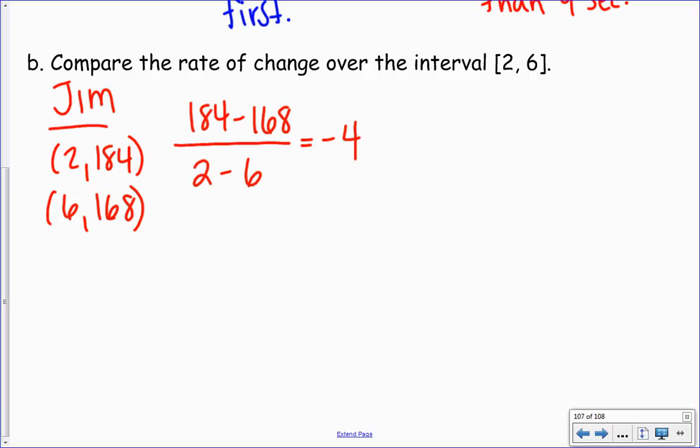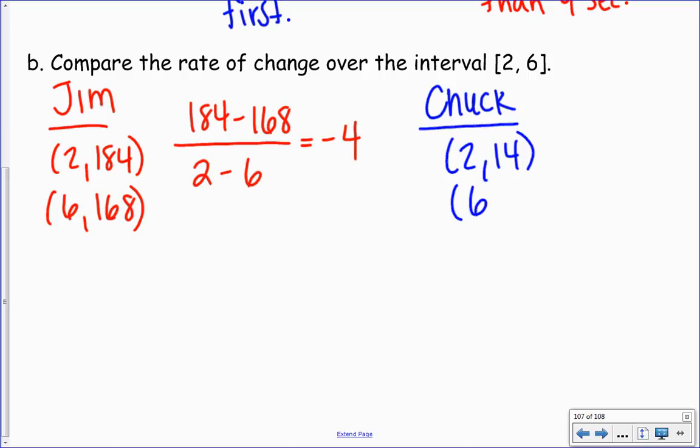All right, for Chuck, his ordered pairs were 2, 14 and 6, 6. All right, so we're going to have y's over x's, and we get negative 2 as a rate of change.